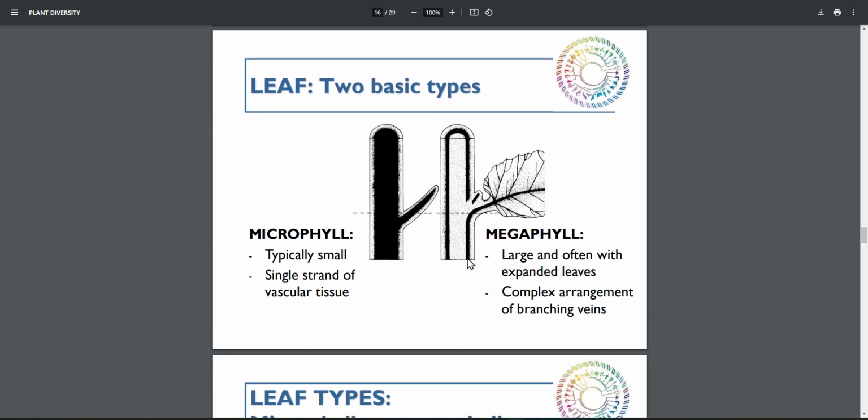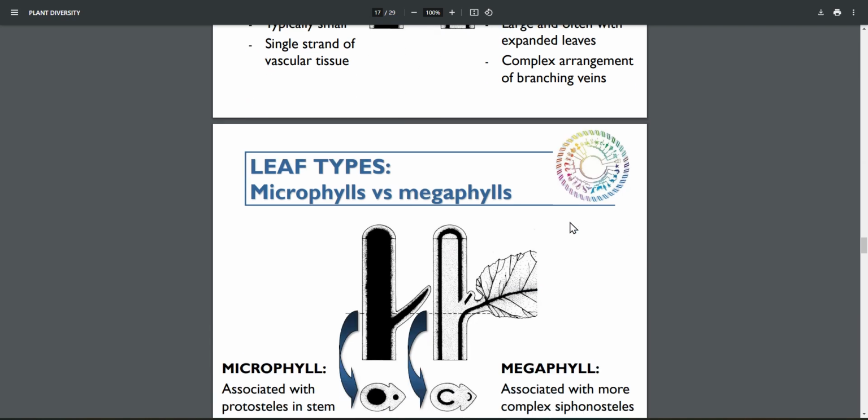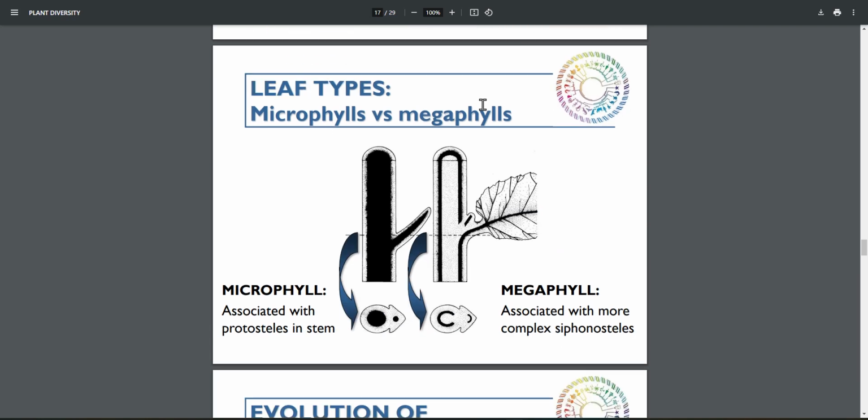So you can see this is the siphonostele, where the xylem, phloem, the vascular tissues are on the outside, not the core, so it surrounds the core. And this part, the vascular bundle, goes through the leaf and then branches out. So the branching veins. Leaf types. Okay, this is what I was talking about. So microphyll is associated with protostele.